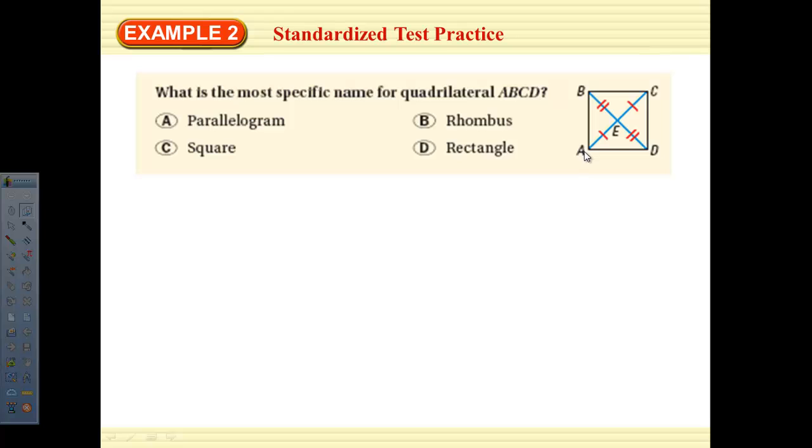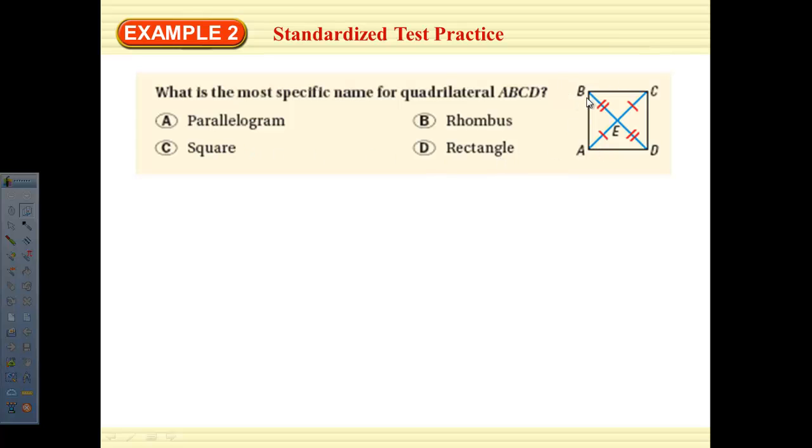The markings that are shown here show that the diagonals bisect each other. Therefore, it's a parallelogram. If we look to see if it's a rhombus, we don't know anything about the sides being congruent, and we don't know if the diagonals are perpendicular. We don't know if these angles are being bisected.